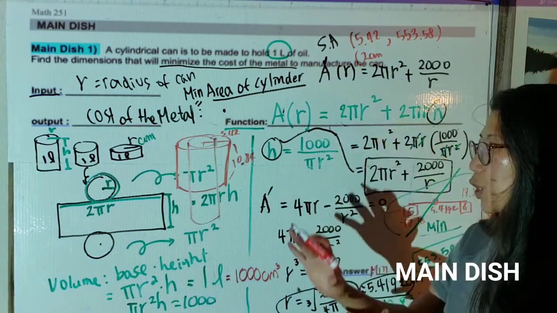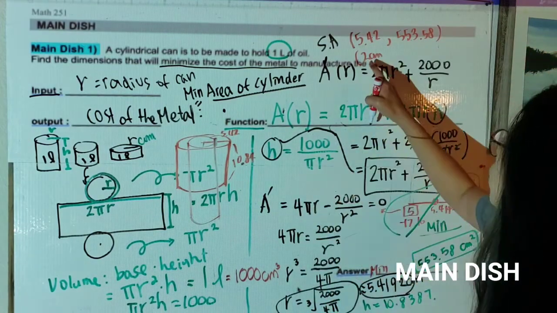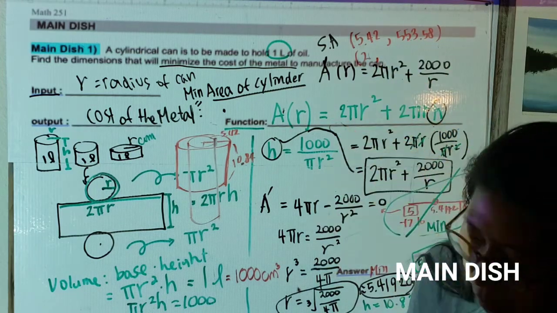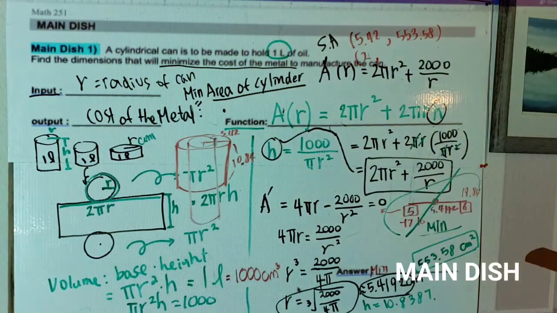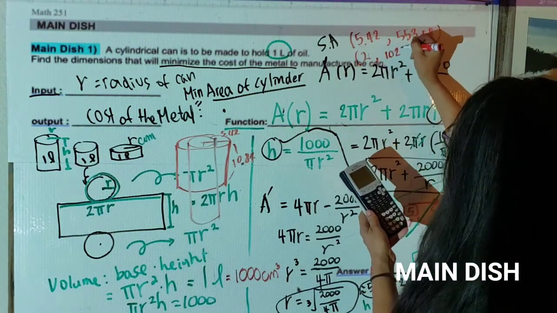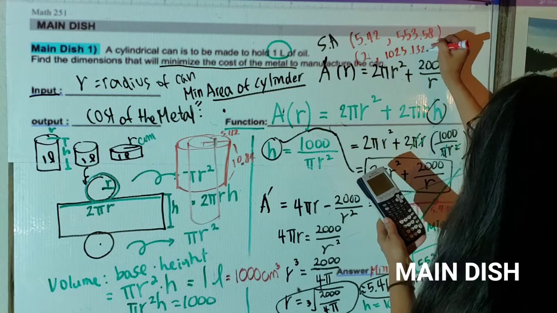Then your surface area is going to change, although your volume is the same. So I'm going to plug 2 into my surface area. What will give me the minimum surface? Okay, if I plug in 2, I actually get 1025.13.